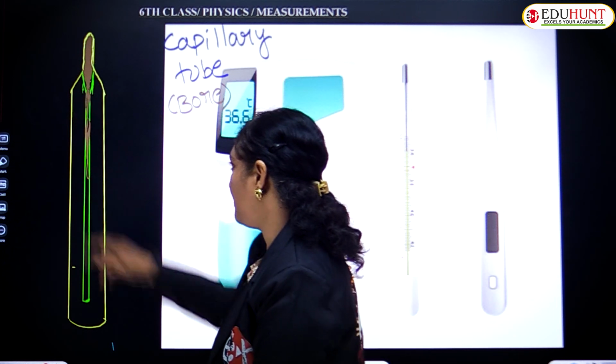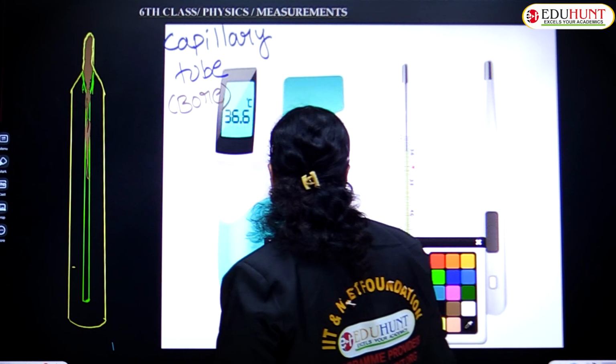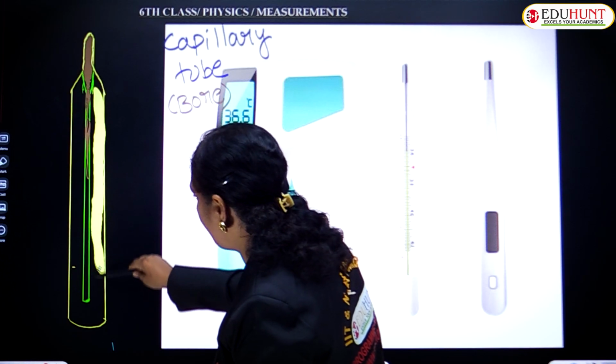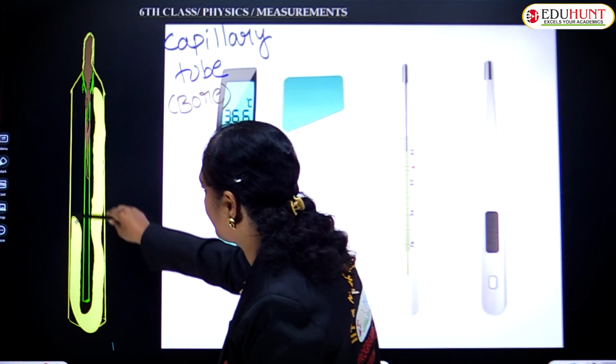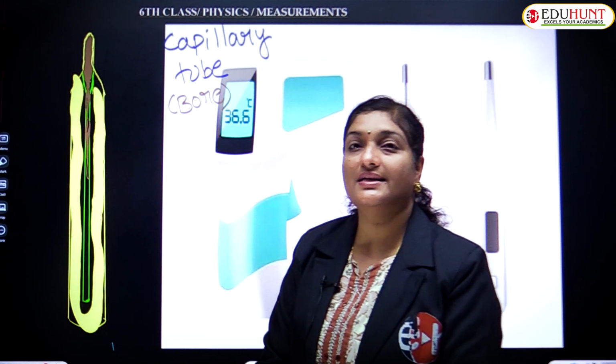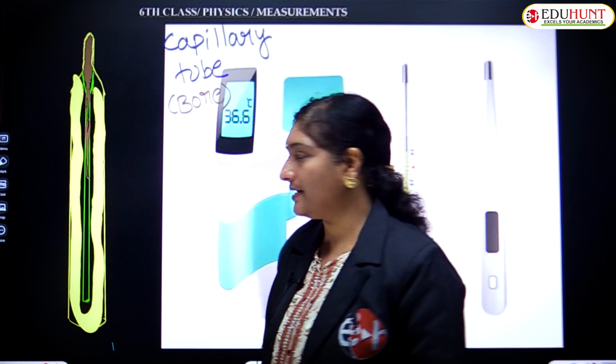This yellow color portion, this complete thick portion itself, is called the stem. What is that called? Stem of the thermometer.